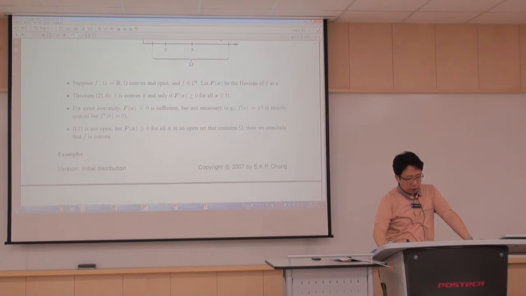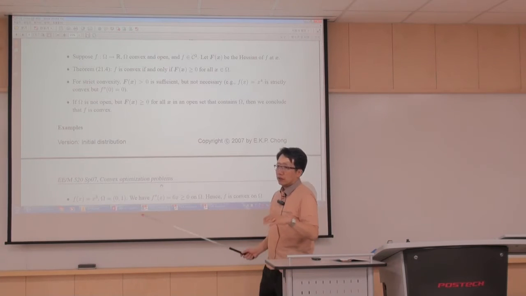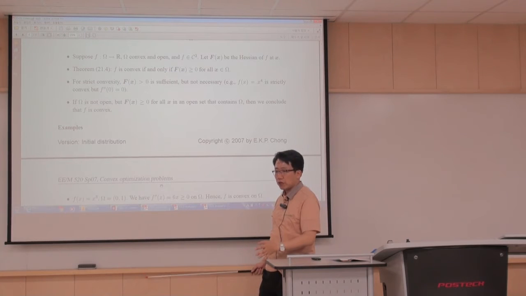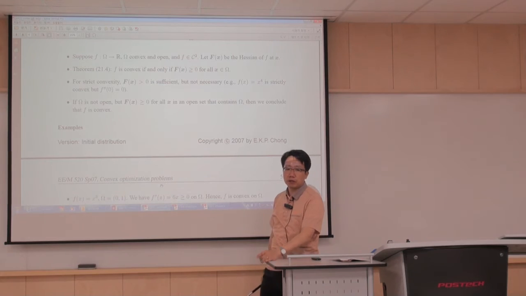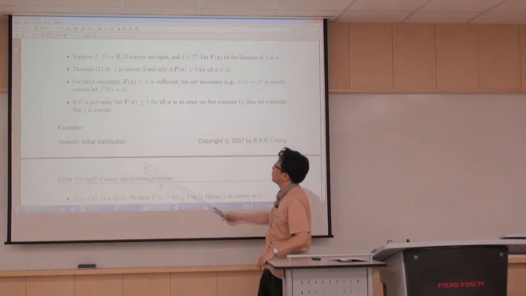Now even though we do not talk about it, when the function is twice continuously differentiable, there are other sufficient conditions for the function to be convex. That is this one.